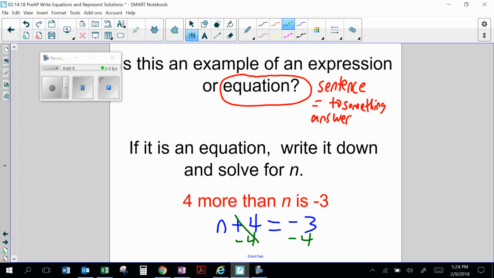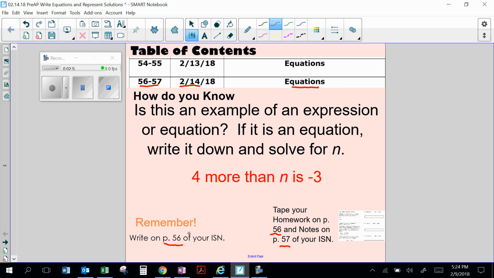I cancel this out. So n equals -7. To check your work, if you do not believe that is the case, if I replace the n right here with -7, -7 plus 4 is -3. So that is your number routine. That is done on page 56.